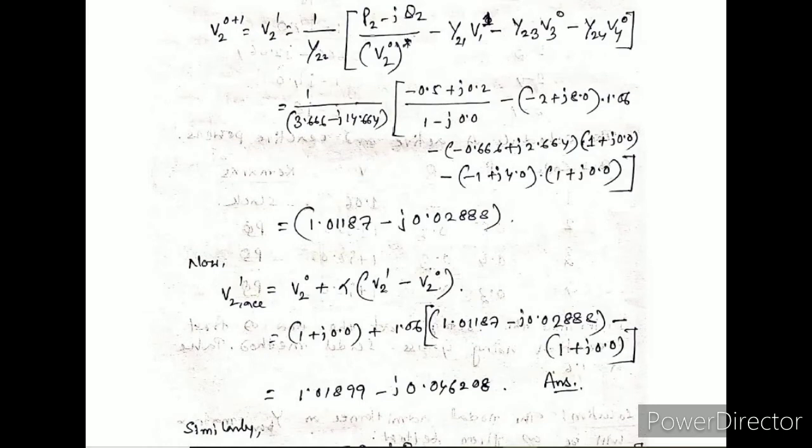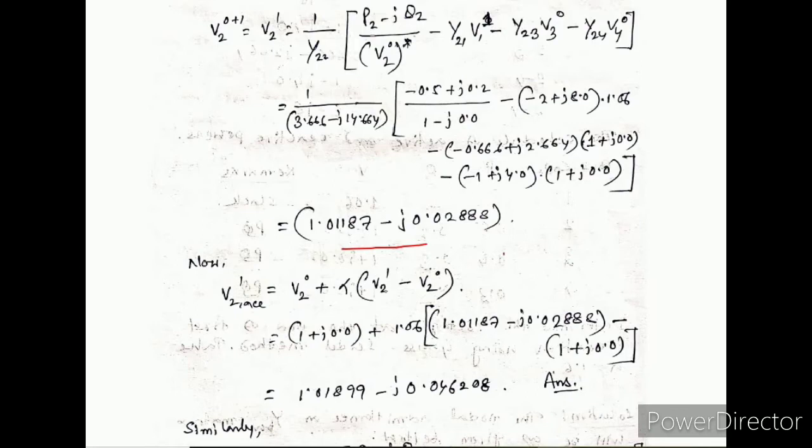Now V2 has been found, that is 1.01187 minus j 0.02888. Now we need to find out V2 to the power 1 accelerated.